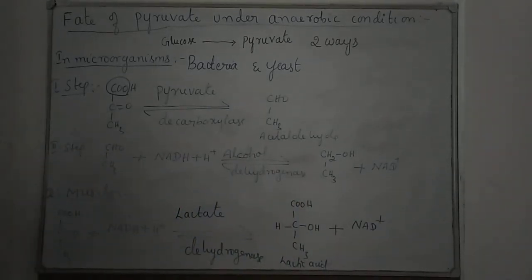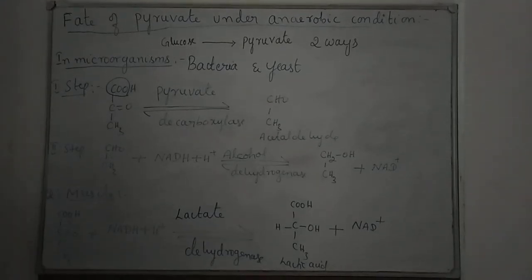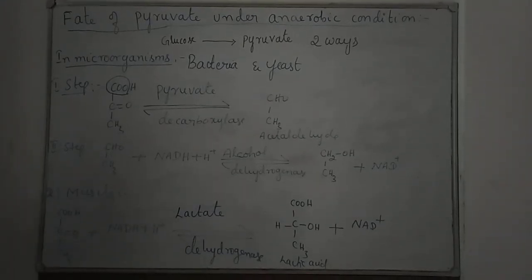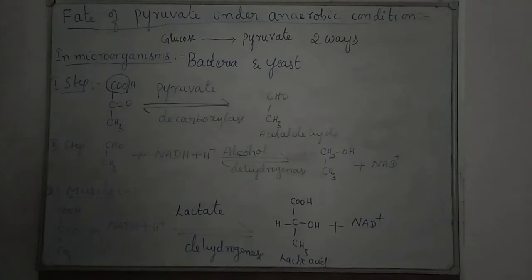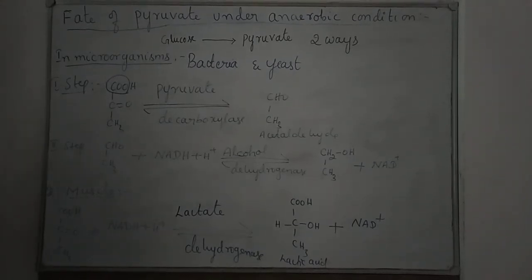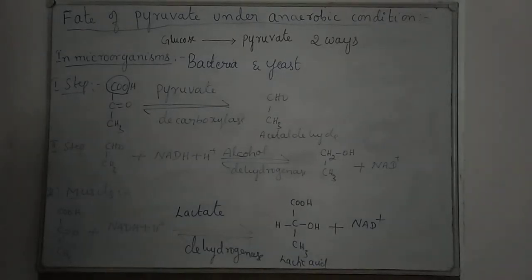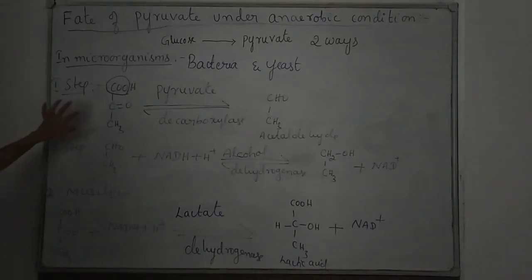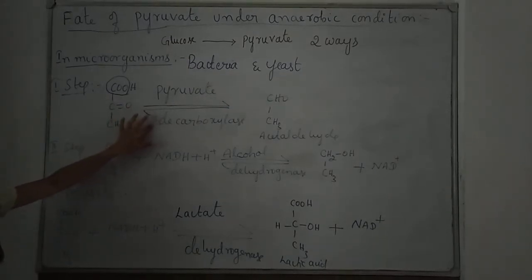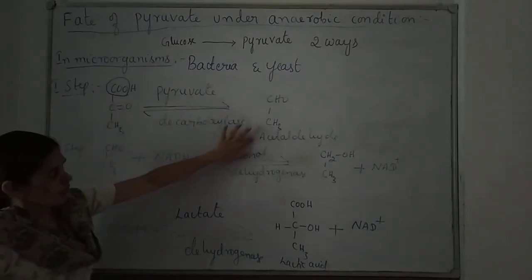Let me explain once again. In glycolysis, glucose is converted into pyruvate, which is utilized in two ways. In microorganisms like bacteria and yeast, the pyruvate is converted into ethyl alcohol and the reaction takes place in two steps. In the first step, pyruvate undergoes decarboxylation in the presence of the enzyme to form acetaldehyde.